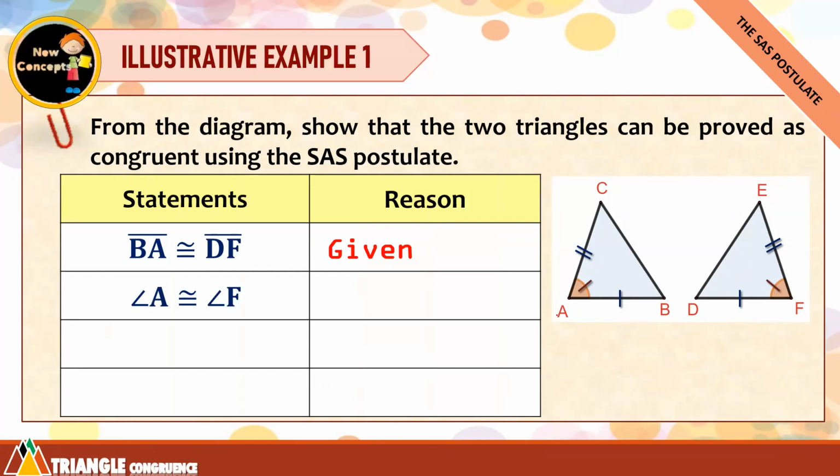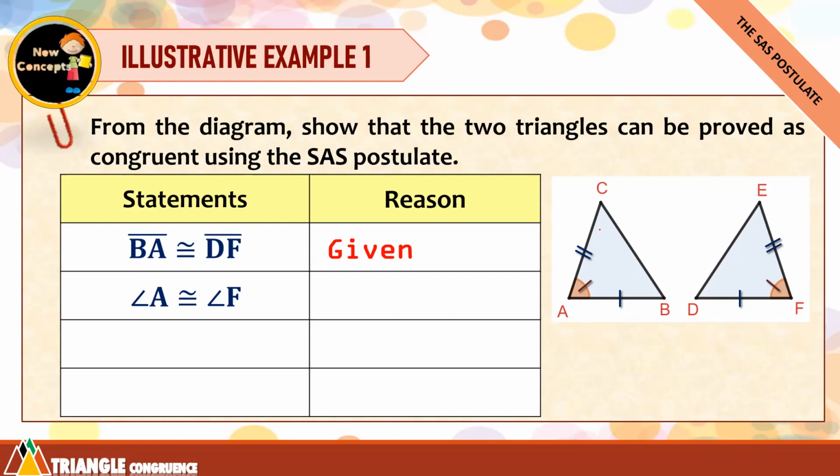Even if the illustration is turned or flipped 180 degrees, 90 degrees, and so on, as long as the marker is there, you should follow the markings, right? If this marks the congruence between the two angles, then these two angles are congruent.